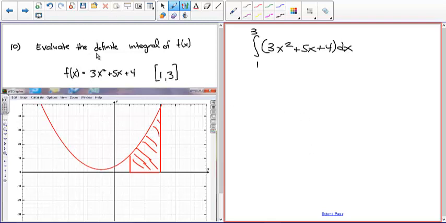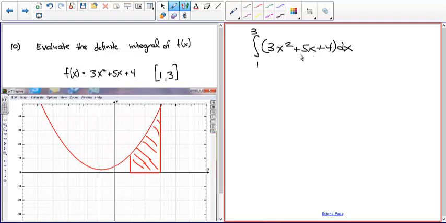It doesn't say find the area underneath the curve, but Section 4 basically tells us that the definite integral of the function is the area underneath the curve. In Section 3, we said the definite integral was defined as such, for finding the area underneath the curve.